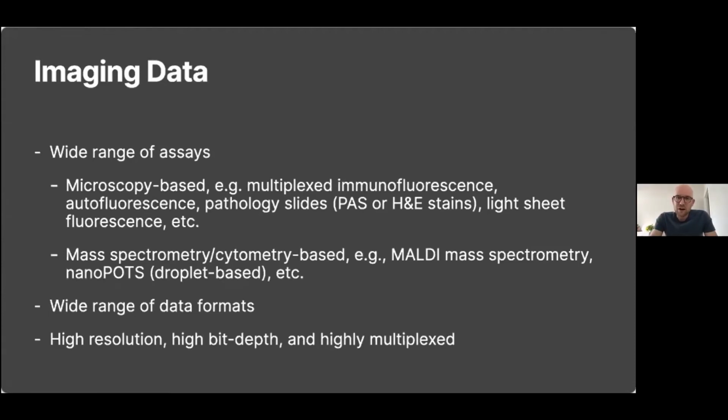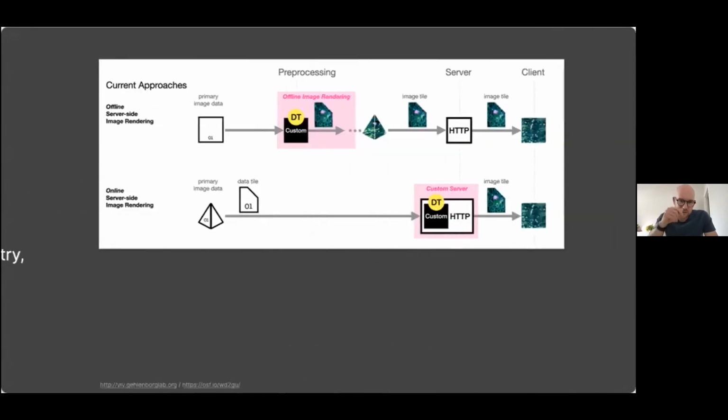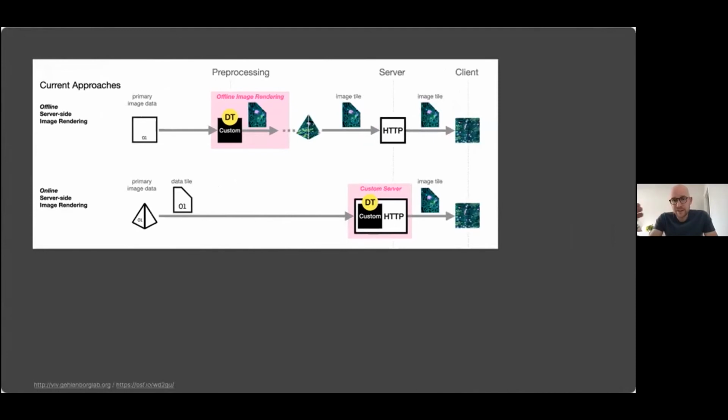There are standardized image formats such as OME, but one of the downsides of those formats so far was that either you had to convert these high resolution, high bit depth images into pre-generated tiles that you could then send to the client from a web server, or you need to run a specialized server that can generate image tiles on the fly using whatever parameters, from mapping high bit depth to certain color mappings on the client.